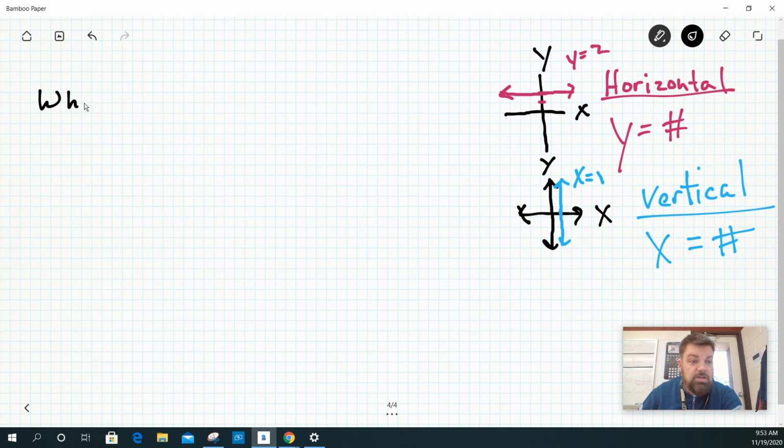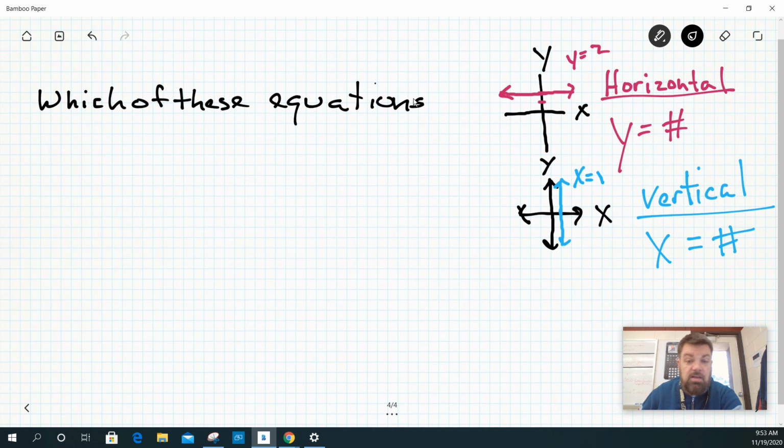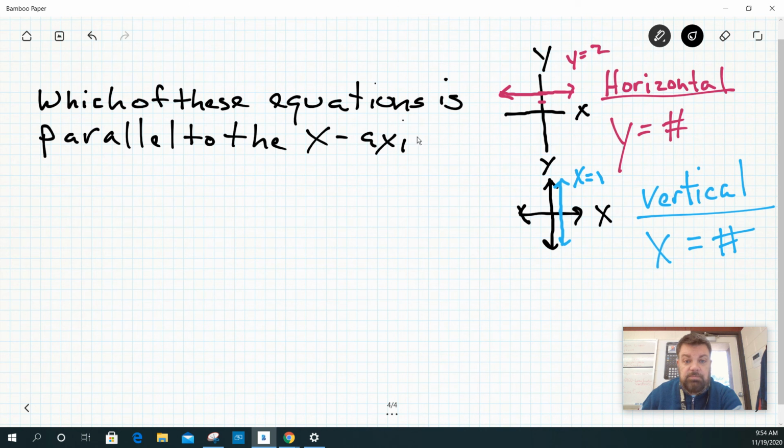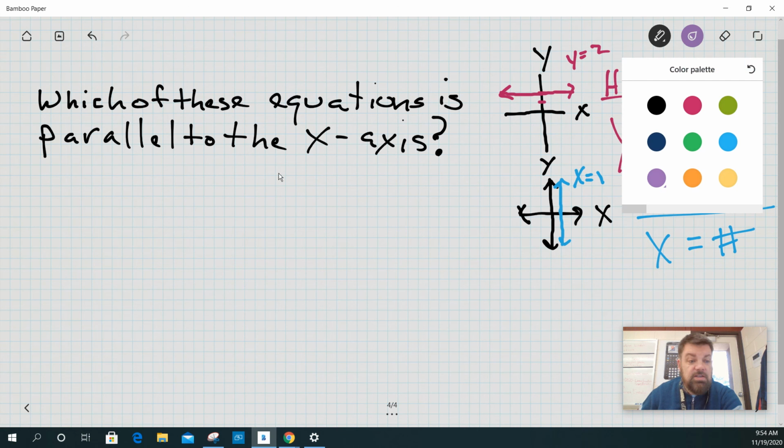Which of these equations is parallel to the x-axis? Okay, so I'm going to write these equations down. You tell me which one you think it is.